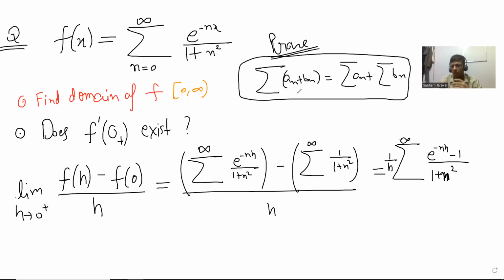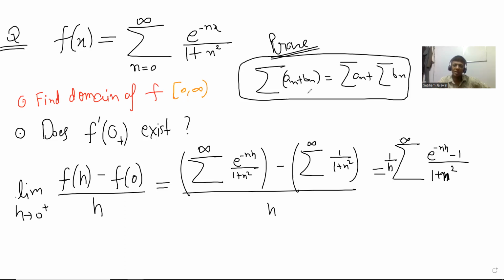This is kind of a homework. You should try to prove that at least when all the terms are positive, it is true. If there are positive and negative terms mixed, it's actually not true.